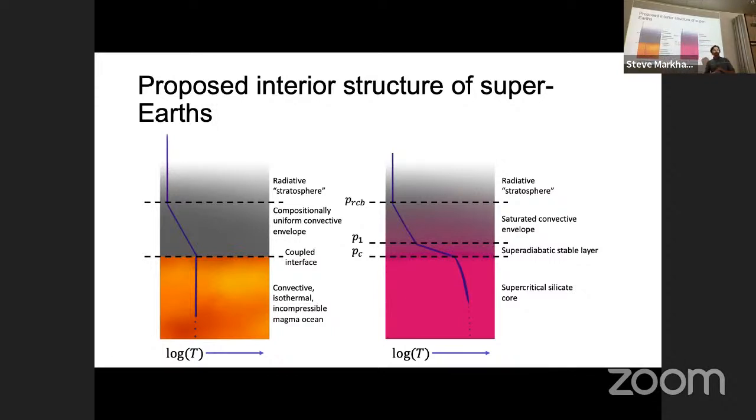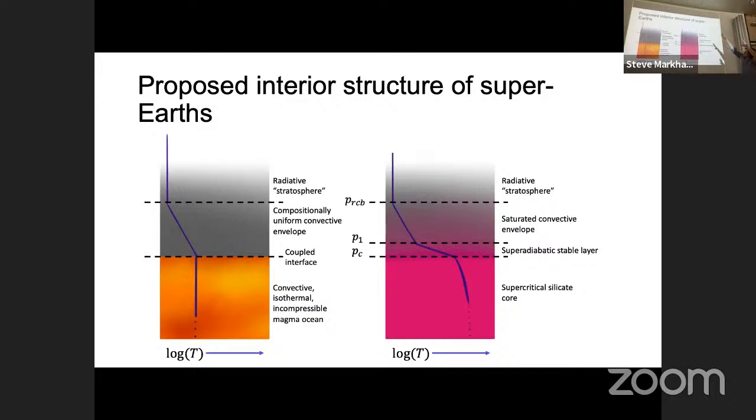They are compositionally distinct, and they have a coupled interface. So the magma ocean is fully convective. It has an ocean surface with this compositionally uniform convective envelope, and then a radiative stratosphere where it loses its heat to space, and this core slowly cools and eventually solidifies. So we are instead proposing a new way of thinking about this.